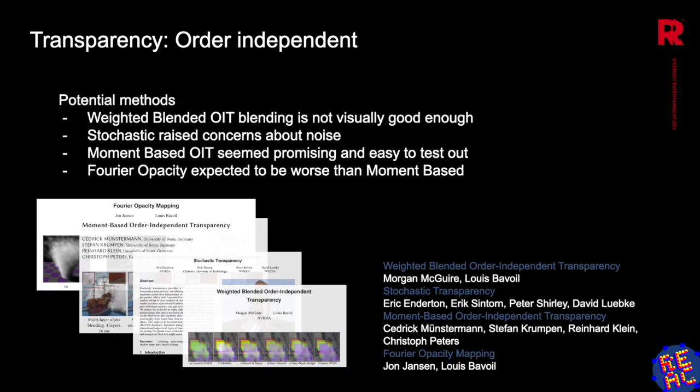Weighted blended order-independent transparency is a nice and very cheap method, but we've tried it before and determined that the quality wasn't good enough for what we needed. The main issue with this technique was the inconsistency of how surfaces with different opacities looked. Stochastic was ruled out without creating a prototype, as we were afraid of the issues with noise.